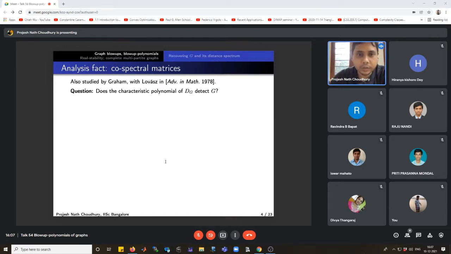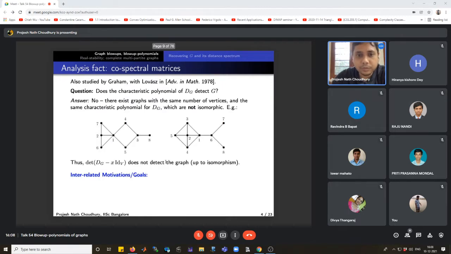Now the question is, do the eigenvalues of the distance matrix determine the graph structure? Or in other words, does the characteristic polynomial detect the graph itself? The answer turns out to be no. There are graphs, for example these two graphs here on the same number of nodes.